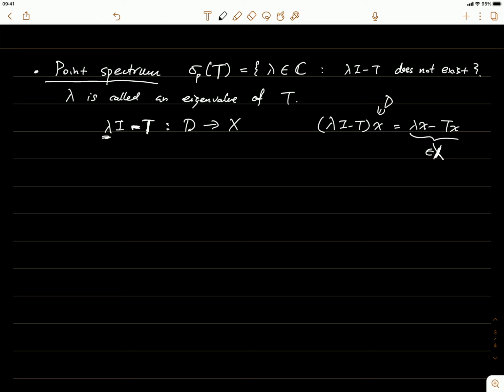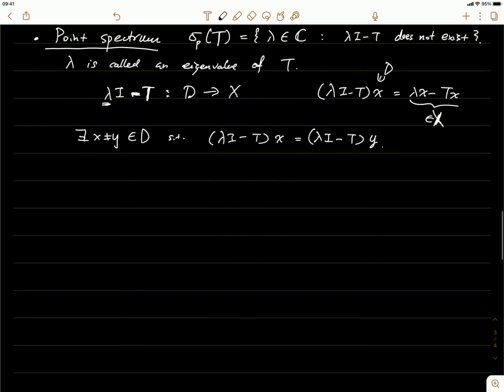Not injective means that you may have two different values in D, say x and y in D, but they're mapped to the same element in X. So there exist x different from y, both in D, such that lambda I minus T applied to x is the same as lambda I minus T applied to y. Because lambda I minus T is a linear operator, I can move everything from the right to the left.